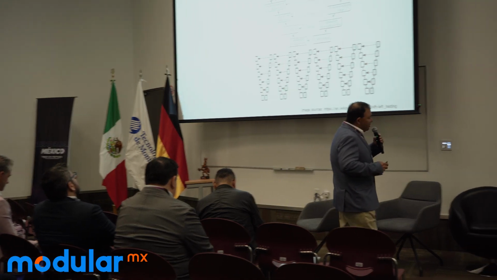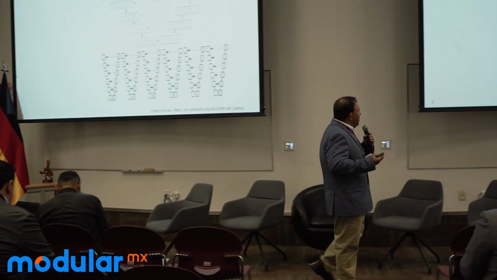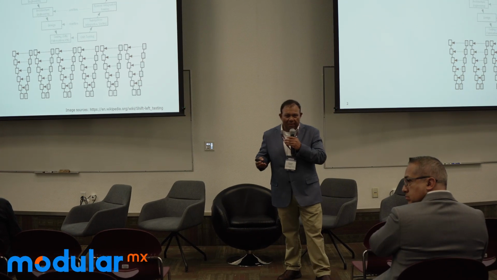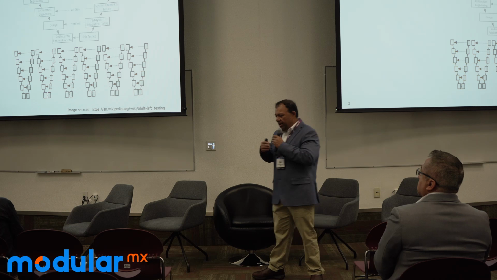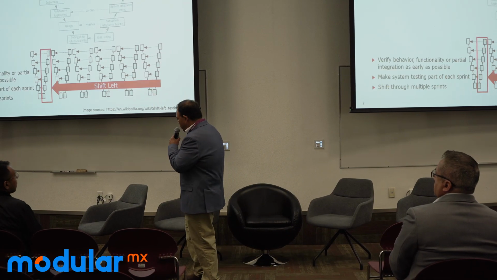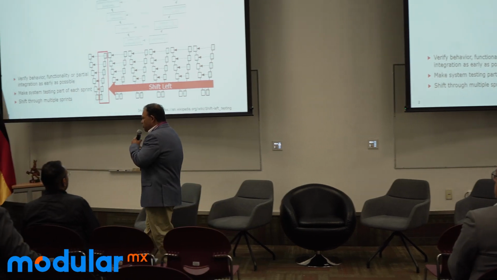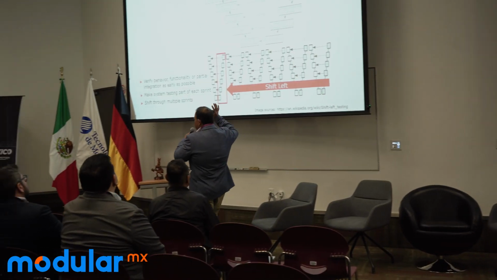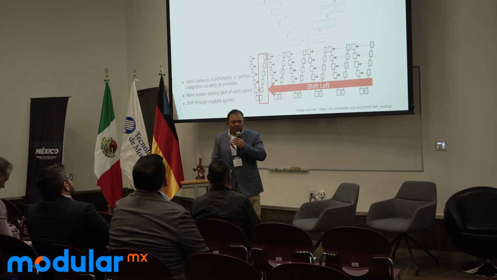Most of you may know the process to do development, even of an ECU, a software, a hardware. What we're trying to do here is shift all the tests to the left side of the process.